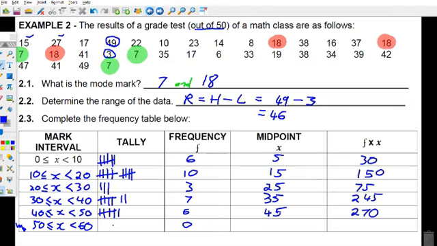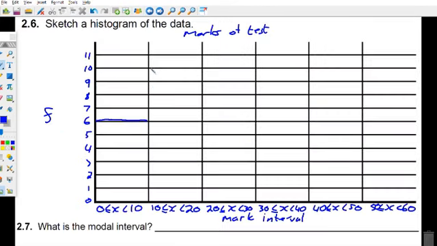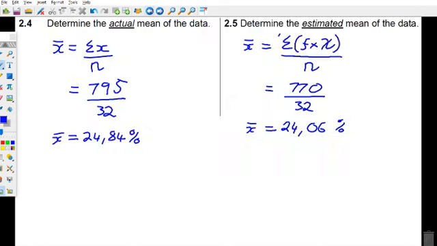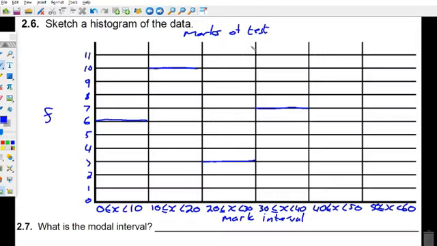The second one is 10, then 3, then 7, so it's going to be 10, and then 3, and then 7. The last one is 6. So there's 6. Got nearly full marks. So we're going to take our data now. I'm going to represent this one here, 6.